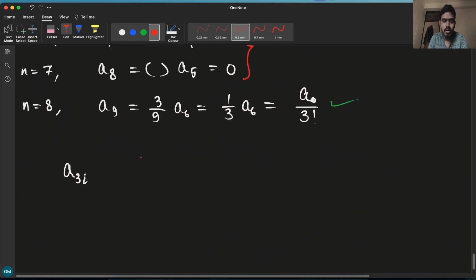So we can start with a0, and only those terms whose index is a multiple of 3 will survive, and their coefficients will be a0 by i factorial.